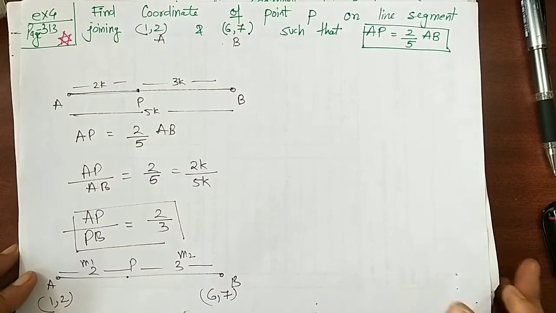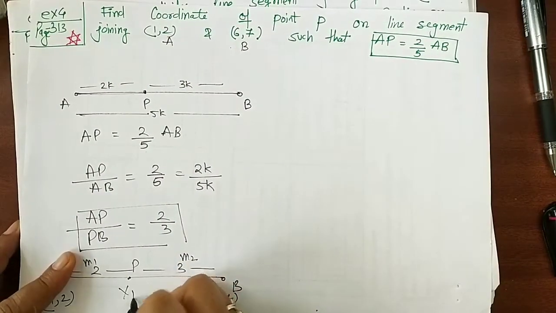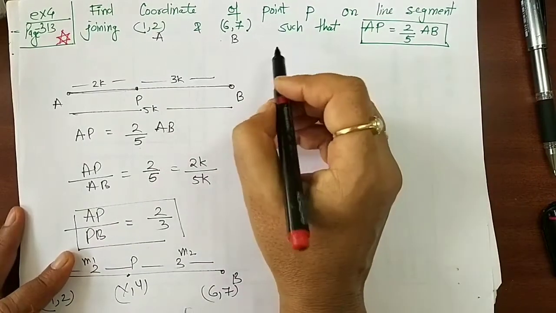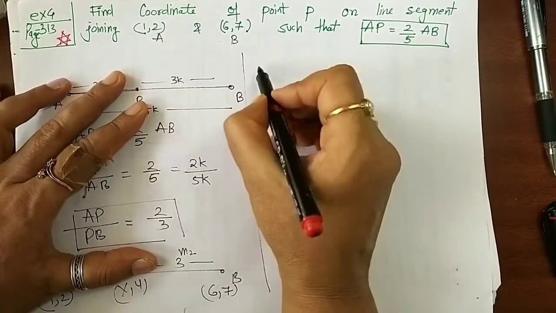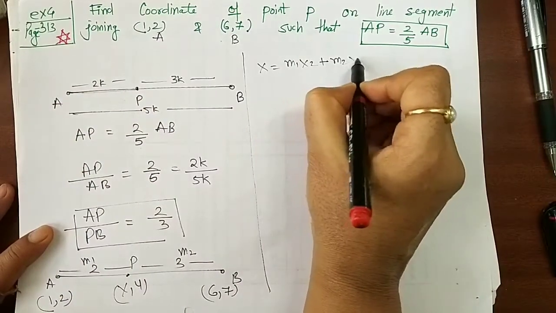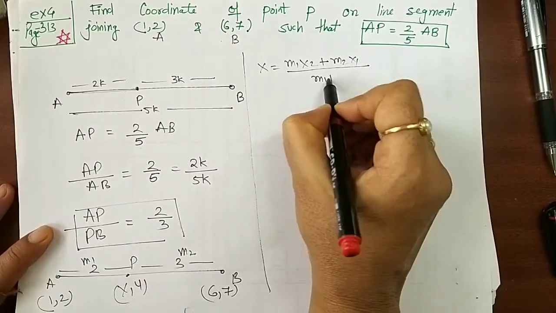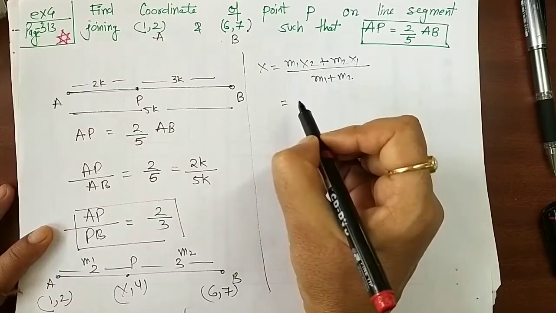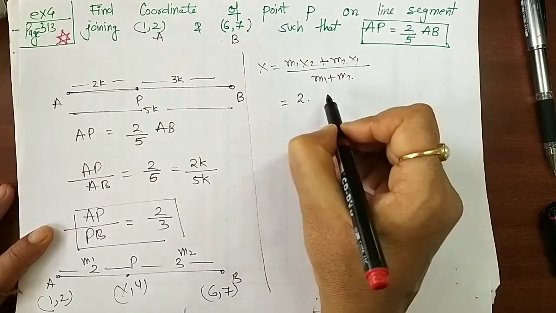Now let me apply the formula for x comma y. So my x point will be M1 x2 plus M2 x1 by M1 plus M2. What is M1? 2.